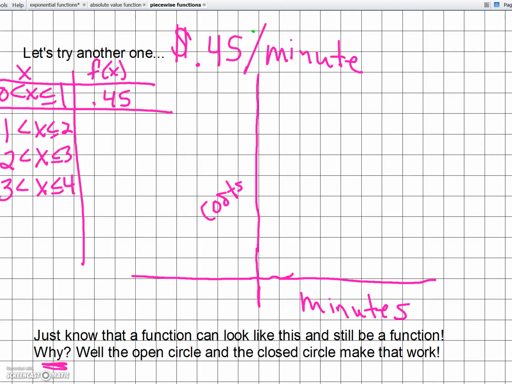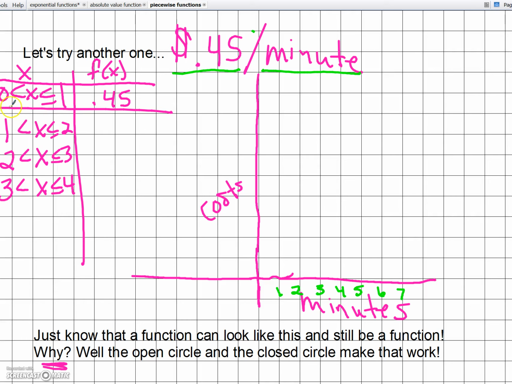All right, so let's think about a cell phone plan. If our cell phone plan told us that it was 45 cents per minute, this one's a little more tricky. So we have 0 minutes, 1, 2, 3, 4, 5, 6, 7. I've already drawn out the chart over here as well.